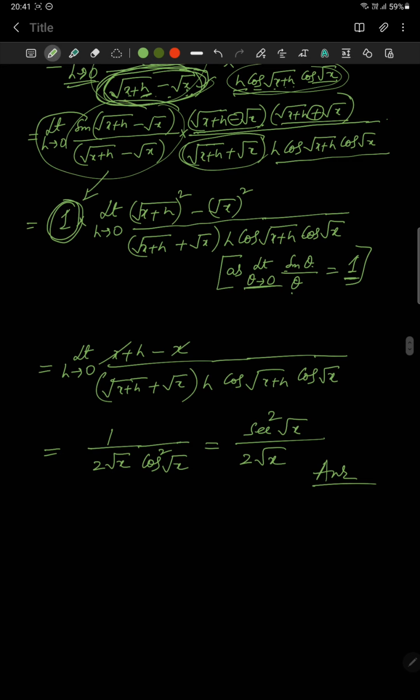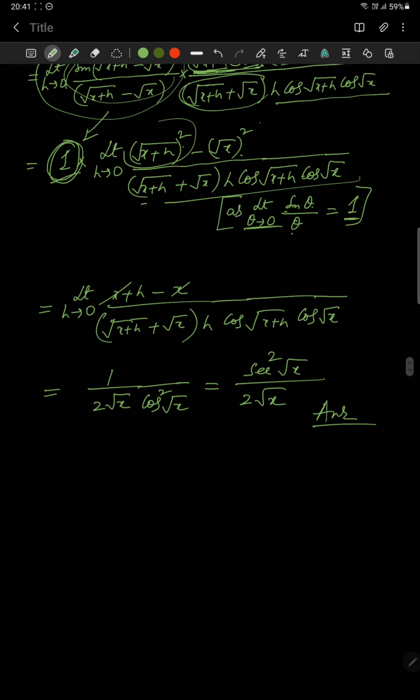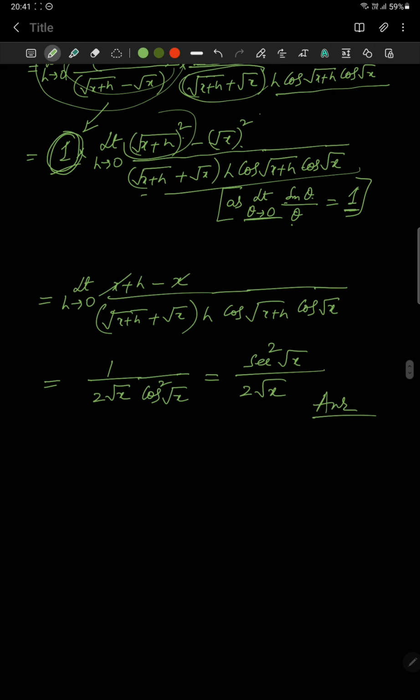Now as you see, this thing becomes 1, and this is in the form of (a minus b) into (a plus b), so we have written root over x plus h whole square minus root over x whole square, and the denominator remains as it is. Now this square root sign will be removed with this square sign, so that this becomes x plus h minus x. The x's are cancelled, only h is left.